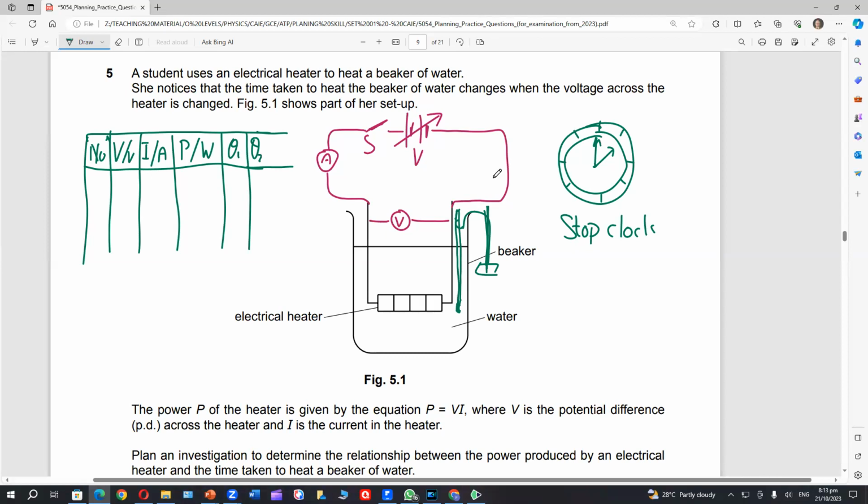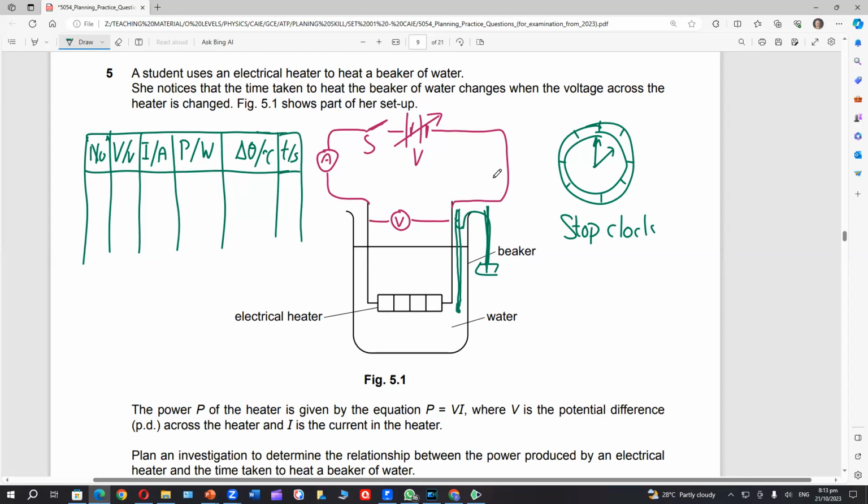Theta 2, final temperature. Or, since space is running out, I can take delta theta in degrees centigrade, and then I will measure time.